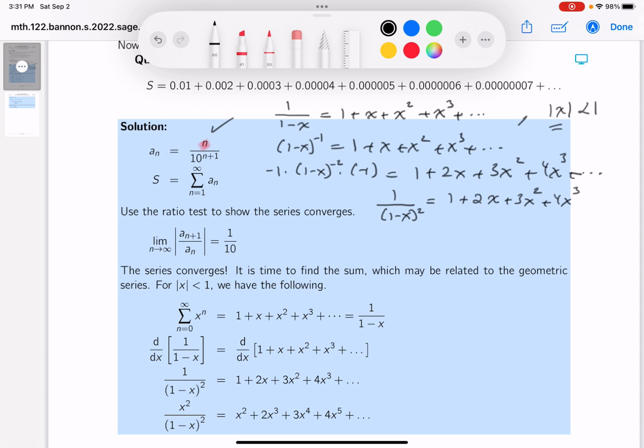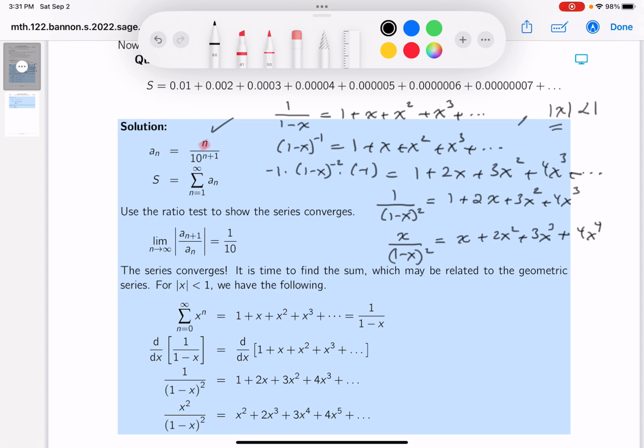It's going to be x over 1 minus x squared, which would give me x plus 2x squared plus 3x cubed plus 4x to the fourth. And again, if I pick 1/10, it's still not going to do it for me.